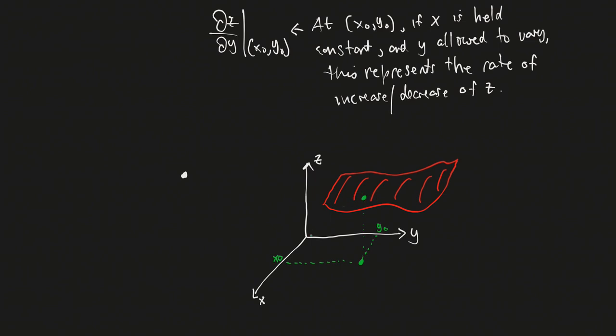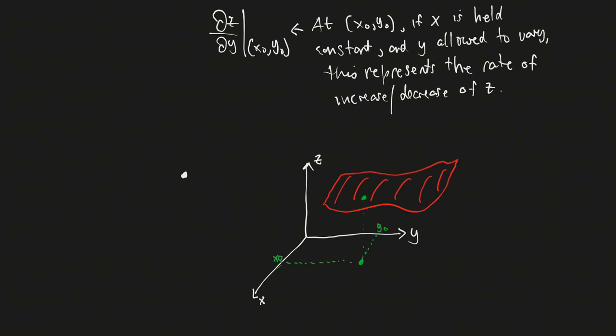So what happens when you take a partial derivative with respect to x? This y0 is fixed, right? But this x0 is allowed to vary just slightly. So when you change this, the point on my surface will move.